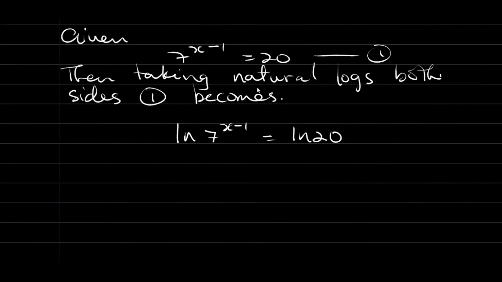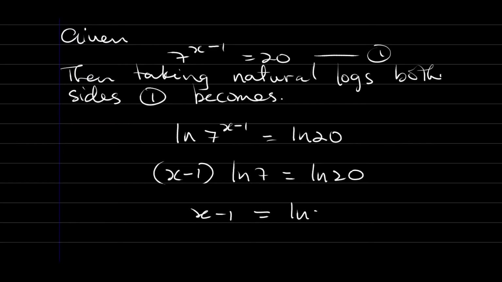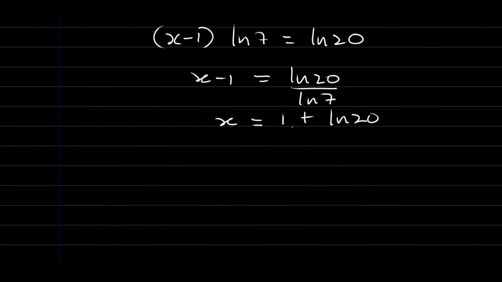Then I can simplify this with the laws that I have before. So (x minus 1) ln of 7 equal to ln of 20. Then x minus 1 is equal to ln of 20 over ln of 7, so x would be equal to 1 plus ln of 20 over ln of 7. And we can just put that in on the calculator and get our value for x.